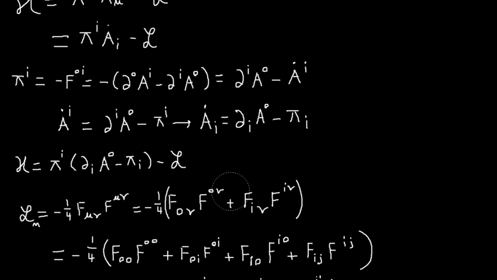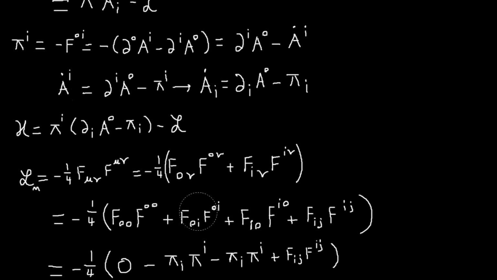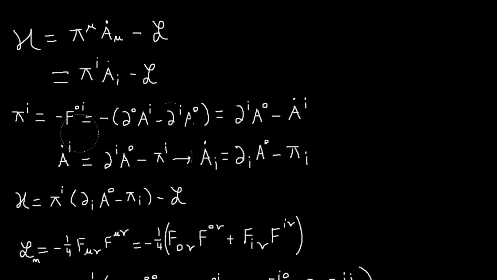And then in each of these two terms, I can do the same thing. I can break the sum over ν into the time and space parts. And so I'll end up with these four terms. Again, F^{00} is 0, and then we will have two terms that have F^{0i} or F^{i0} in them. But F^{0i} is just π^i.